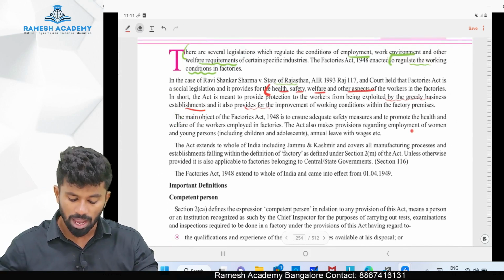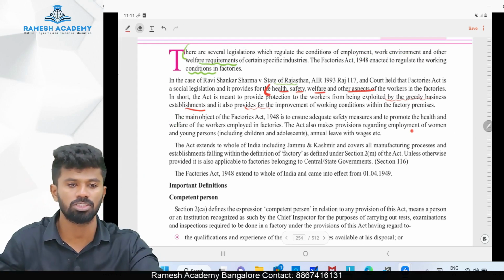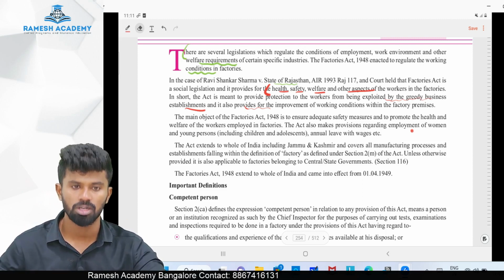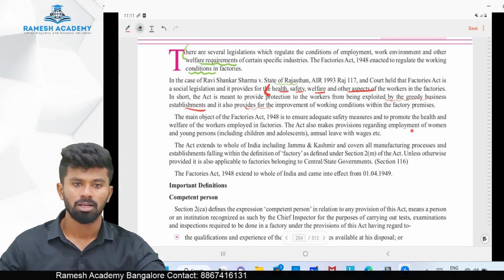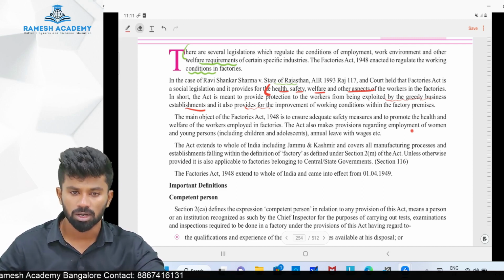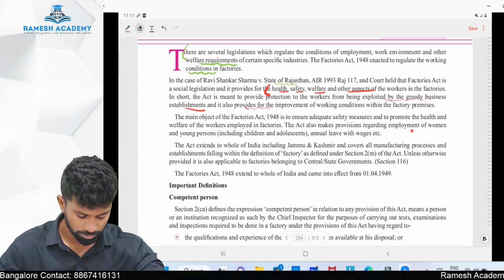So this act, which act? Factories Act, regulates the working conditions of the employees in the factories. It's a welfare legislation. It provides for health, safety, welfare and other aspects of the workers in the factories, not in other industries, only in the factories.